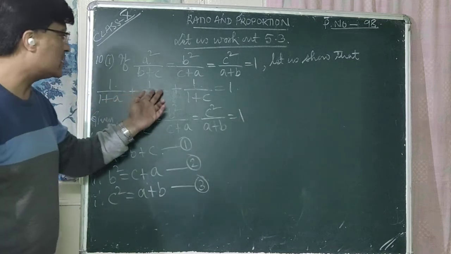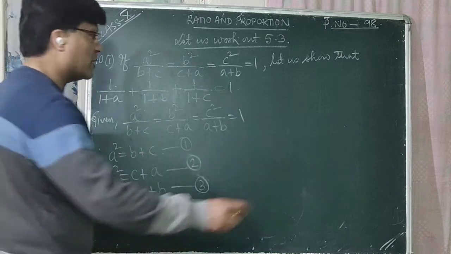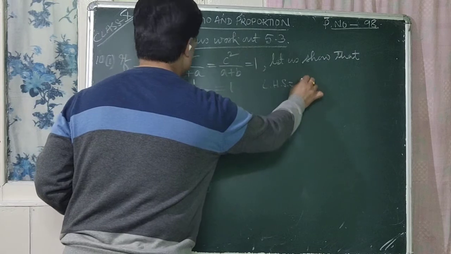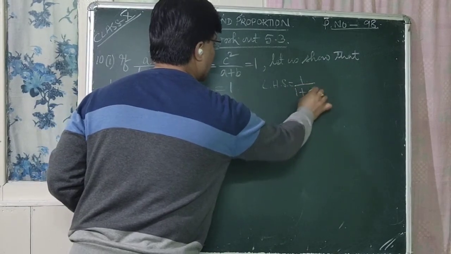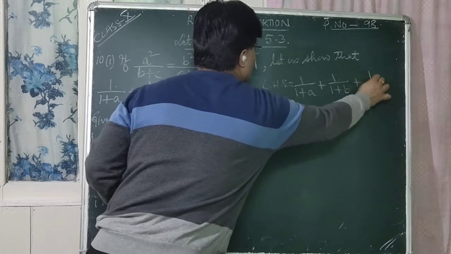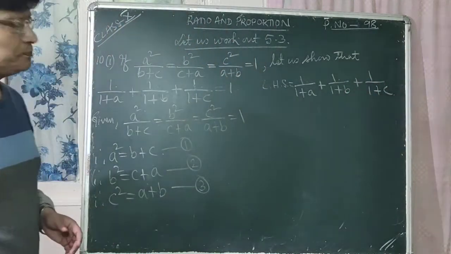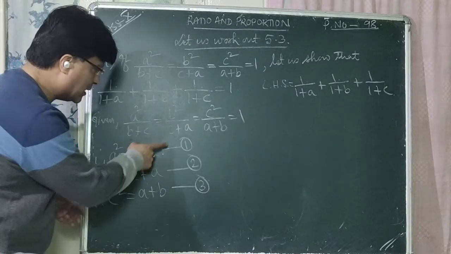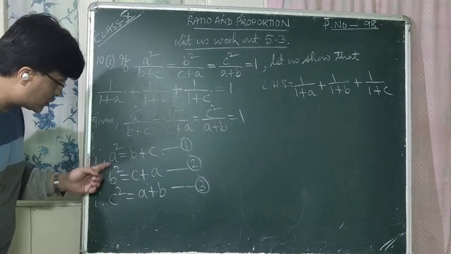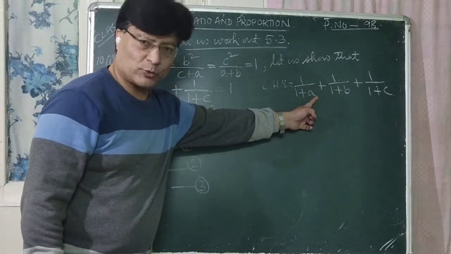Now let us prove this left hand side is equal to 1. So let us write left hand side. LHS is equal to 1 upon 1 plus a plus 1 upon 1 plus b plus 1 upon 1 plus c. Since in number 1, 2 and 3 respectively, we know the values of a square, b square and c square, now you should make this a square.